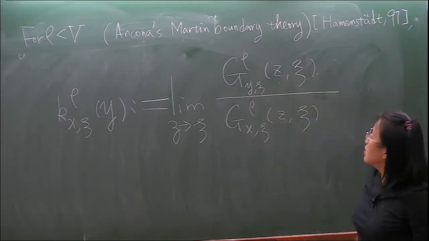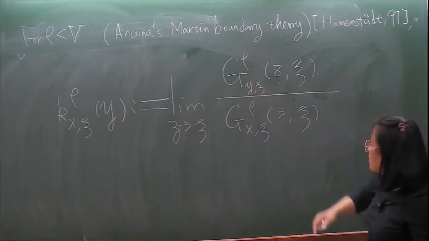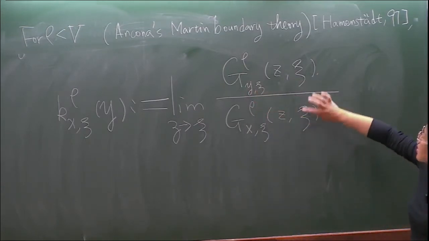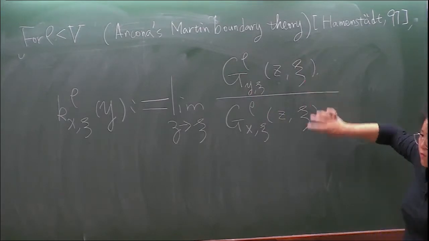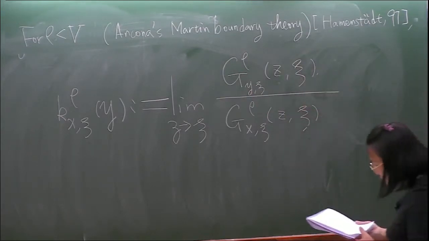You start from y c. So that's the definition. This c is just to say it's on that leaf. So this is the Martin kernel.